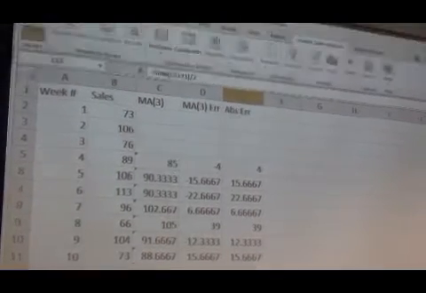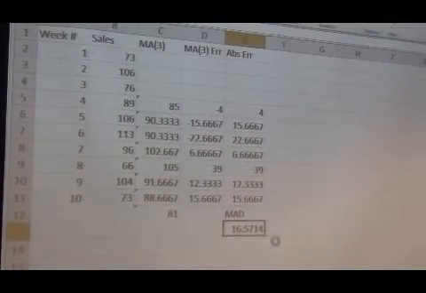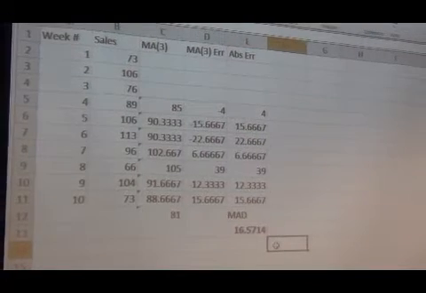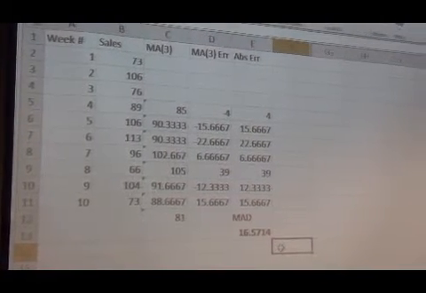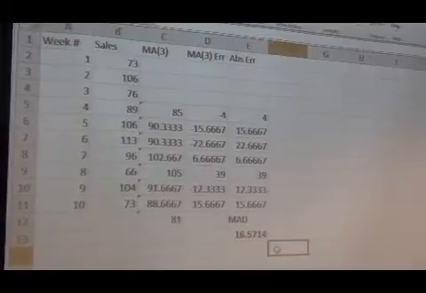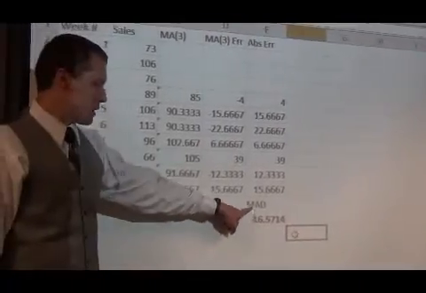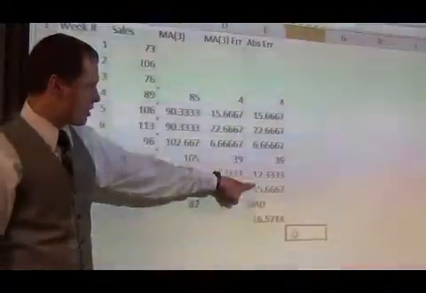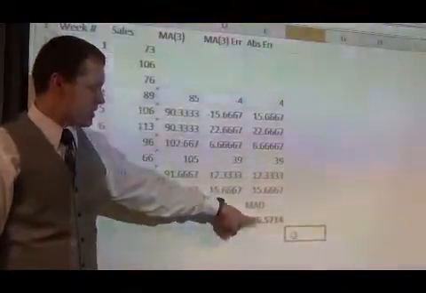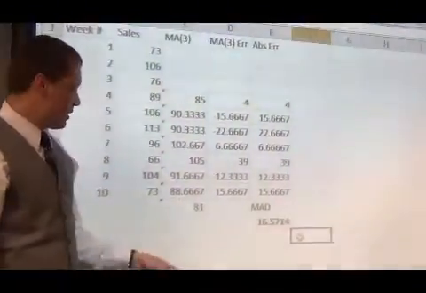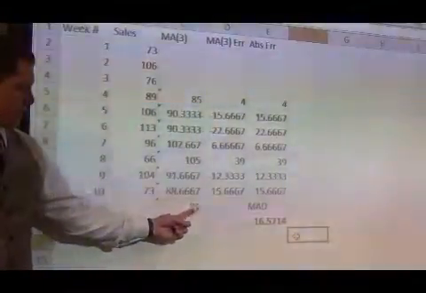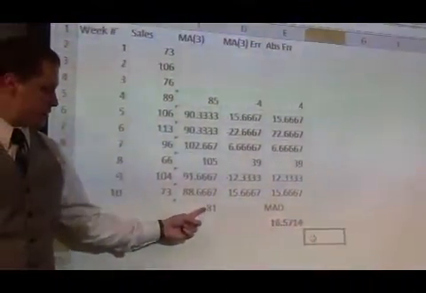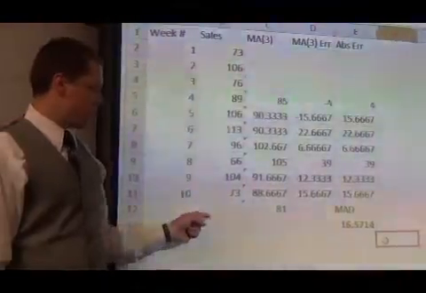So what this says is, on average, I was 16.5 units off, according to the mean absolute difference. Okay? So on average, if you looked across these, I was about 16 units off each time, which means how much confidence should I have in this future prediction of 81 for week 11?